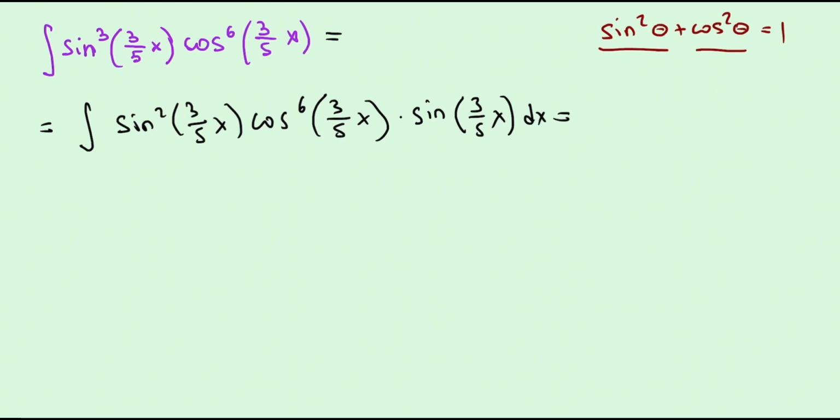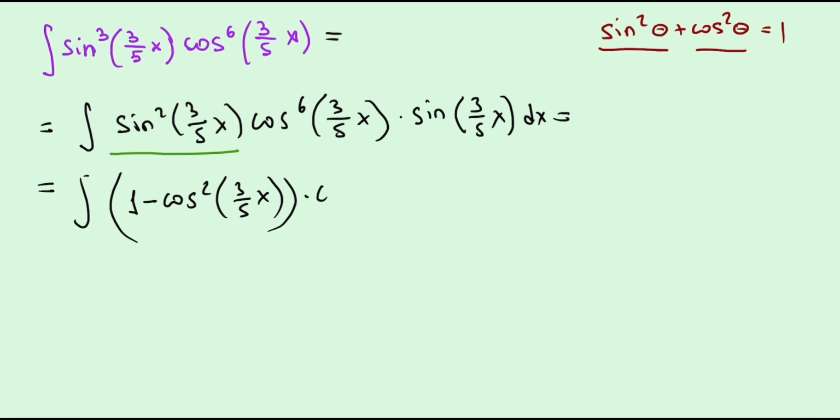Now we're going to use our trig identity and we're going to replace our sine squared. So we will get that to be 1 minus cosine squared of 3/5 x times cosine to the 6th of 3/5 x times sine of 3/5 x.